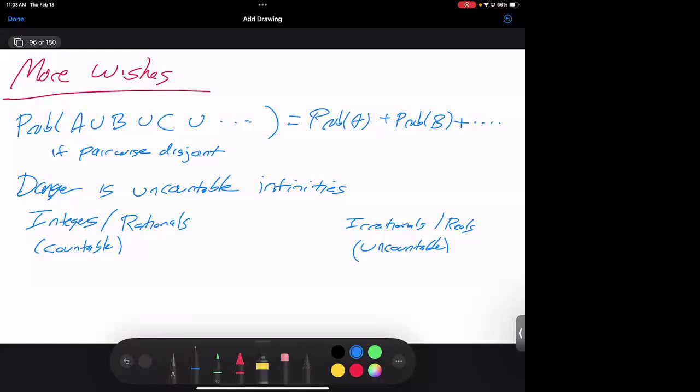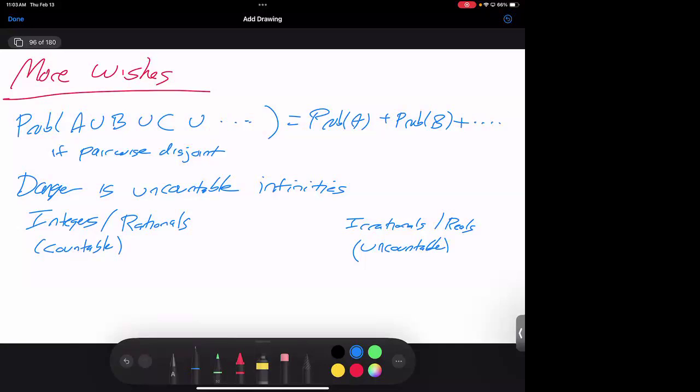So essentially, the lowest level of infinity is just some set that can be put into a one-to-one correspondence with the integers, A1, A2, A3, A4. An uncountable set can be put into a one-to-one correspondence with either the reals or something larger.